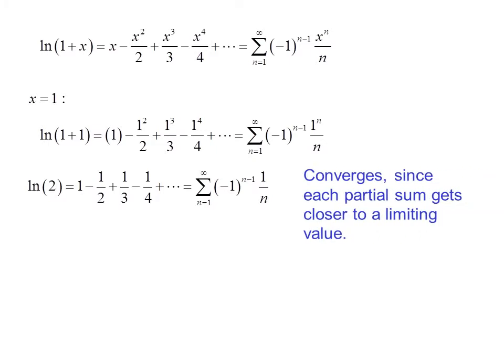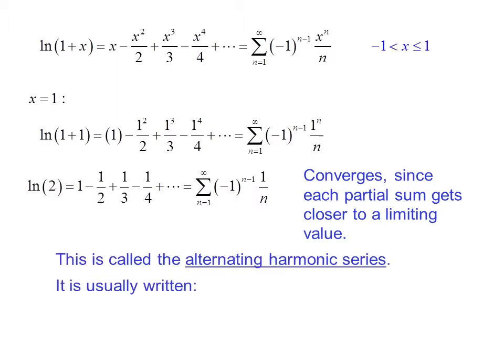This series converges because each term brings our sum a little bit closer to a limiting value. This is called the alternating harmonic series.